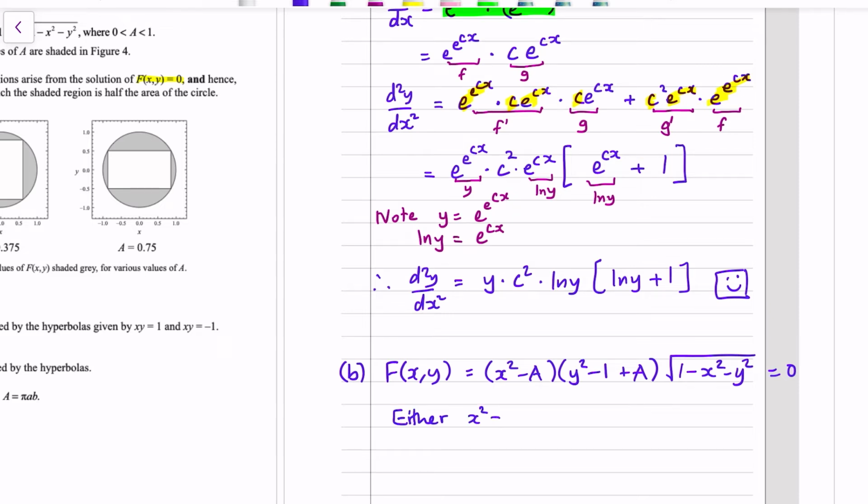x squared equals a, which is x is plus or minus root a, two vertical lines. Or it could be y squared equals 1 minus a, which is y equals plus or minus root 1 minus a, two horizontal lines.